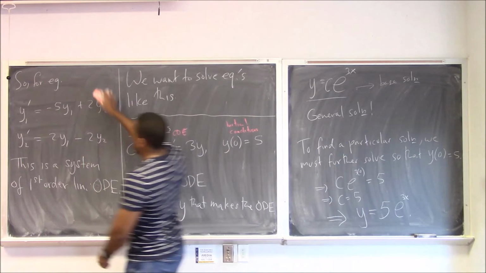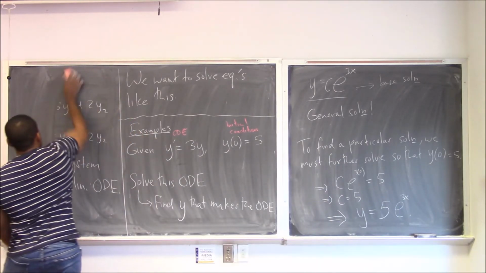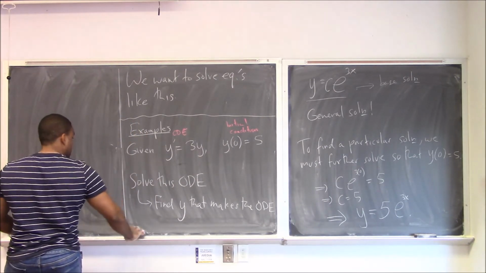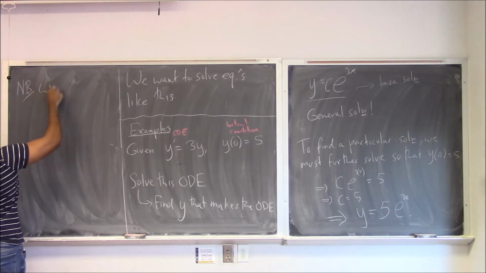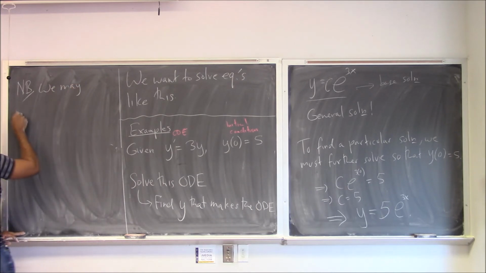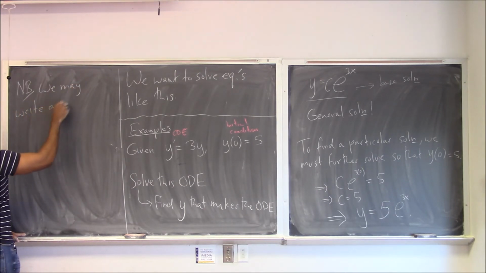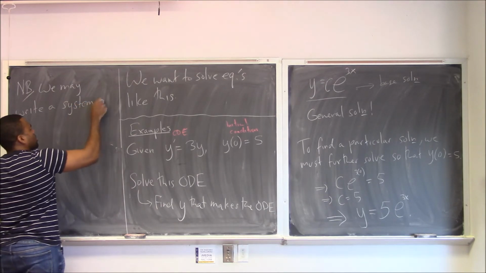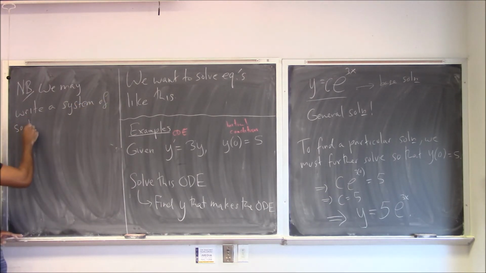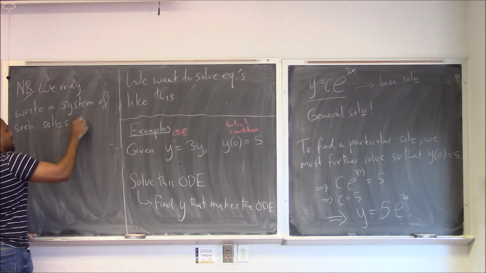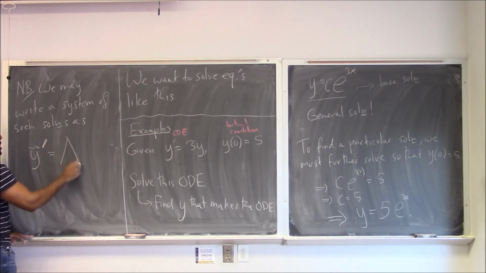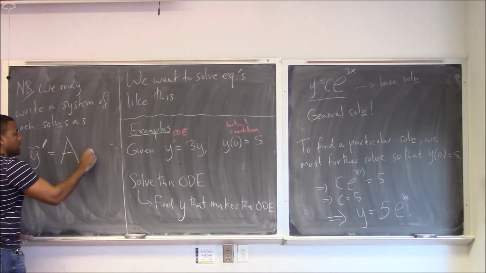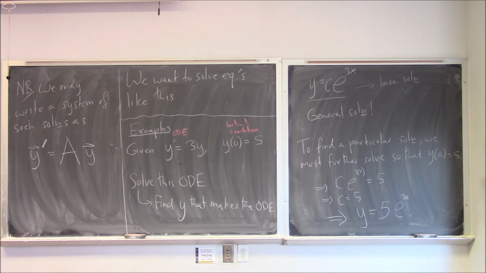Now, note, we may write a system of such equations as some vector that describes the derivatives, a matrix that describes all the coefficients, and some vector that describes those guys.